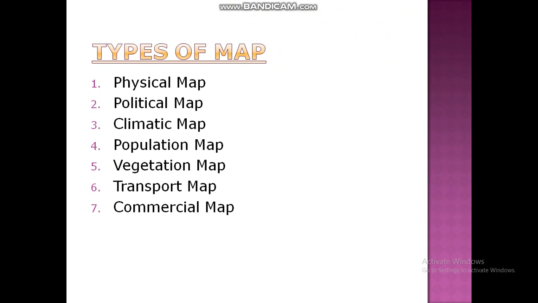The first one, physical map. A physical map shows mountains, plains, plateaus, valleys, rivers, lakes, seas, and countries. Second one, political map.